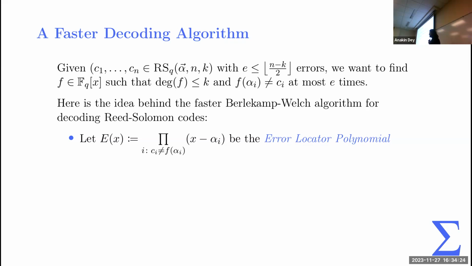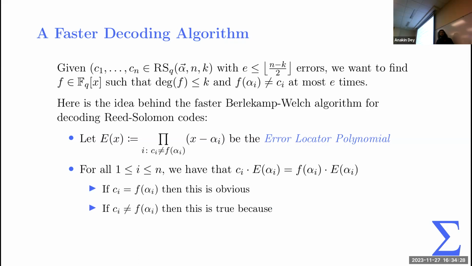The reason it's called the error locator polynomial is that we have this relation: c of i times E of alpha i is equal to f of alpha i times E of alpha i, for all possible i.